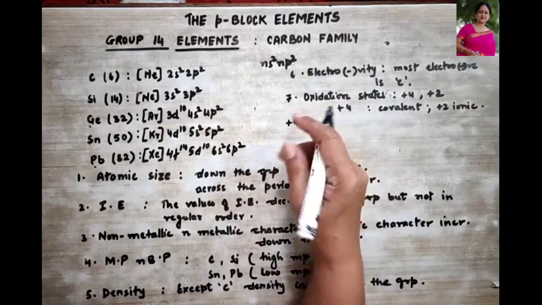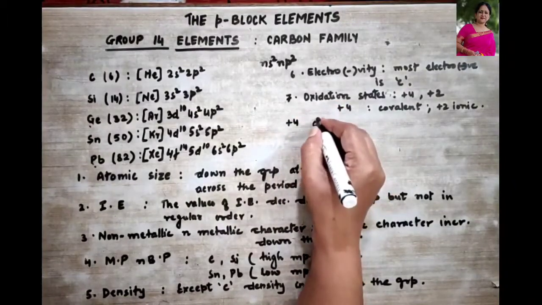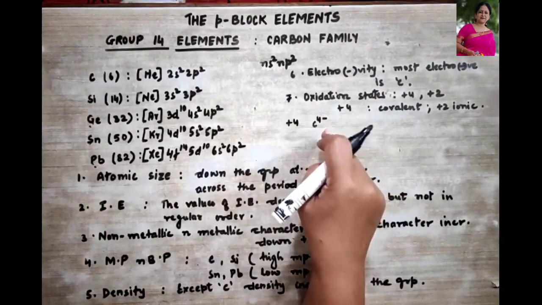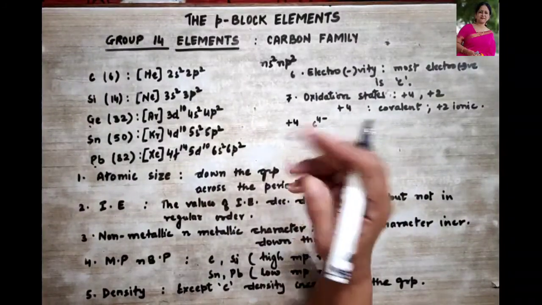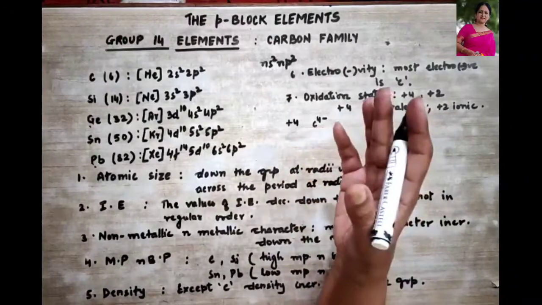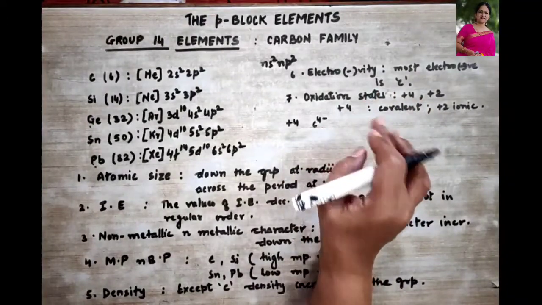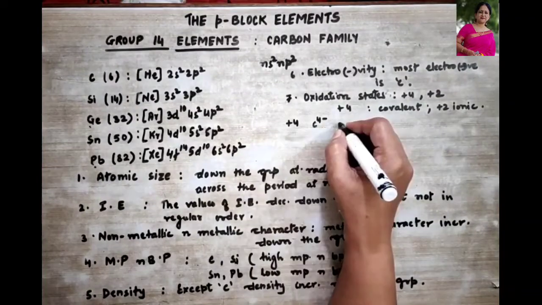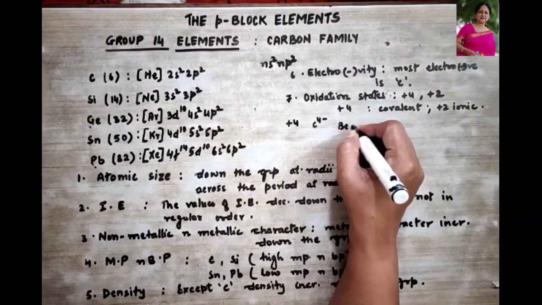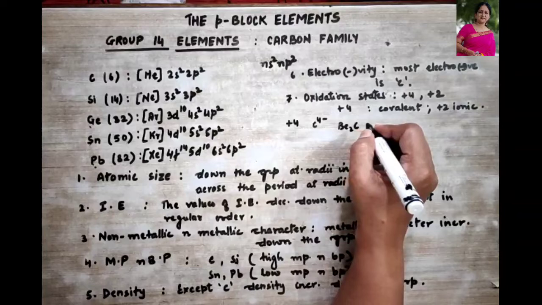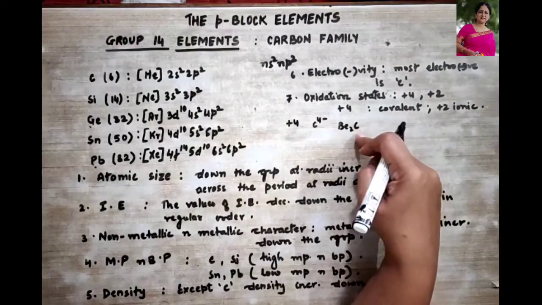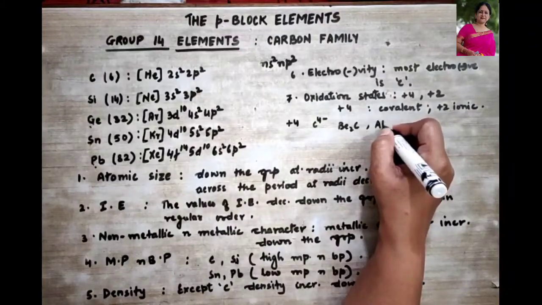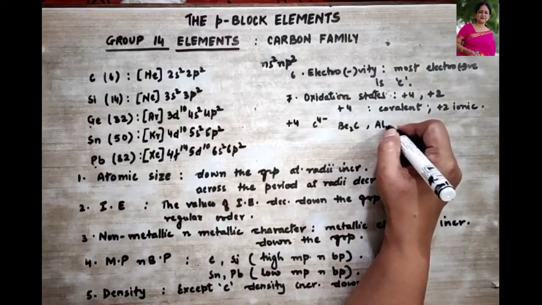In the +4 state, the compounds are covalent. Why? Because your C4- ion formation is energetically unfavorable. Why? Because very high energy is needed to add 4 electrons over here, right? Like for example, Be2C. What is this? Beryllium carbide, or preferably aluminium carbide also. Okay.